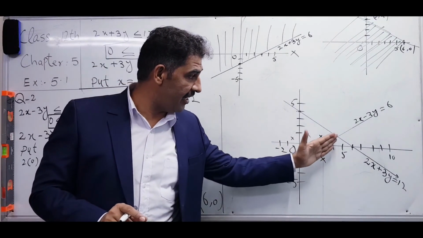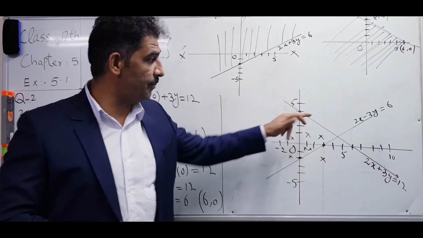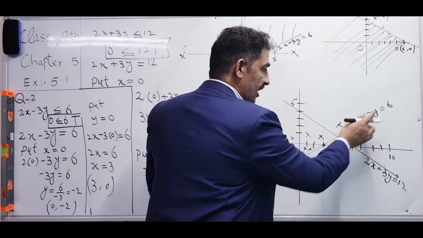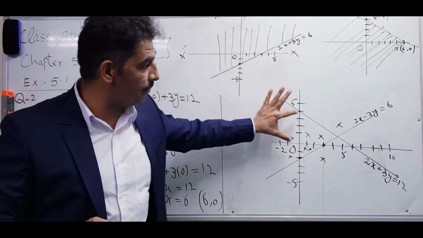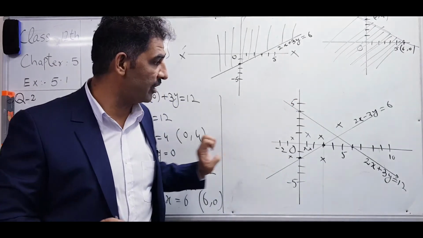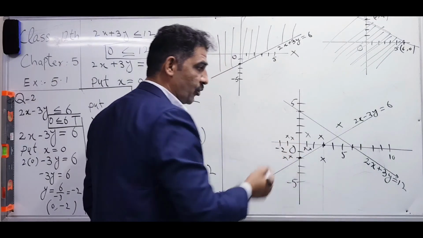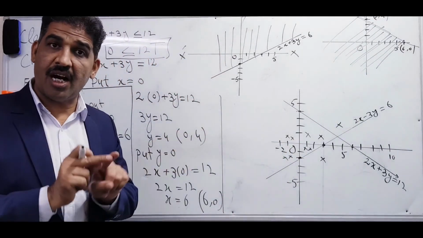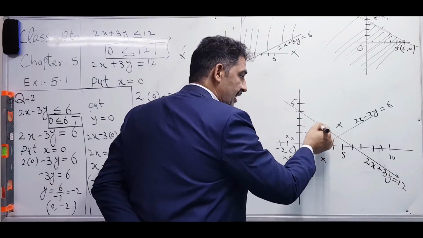Here this line does not allow it to come to this side. This portion is shaded on this side of this line. Regarding this line, this portion is shaded, but the common portion of both lines is this one, where you can see the double dot is also showing. So this is the common portion. We have to shade the common portion like this.